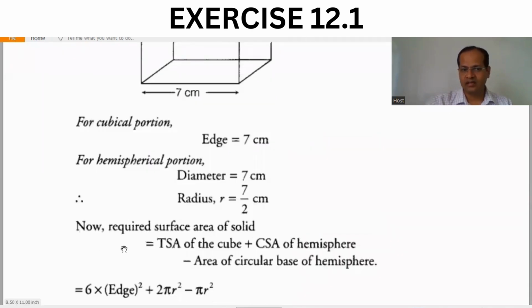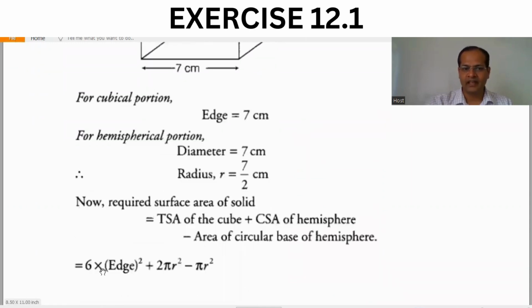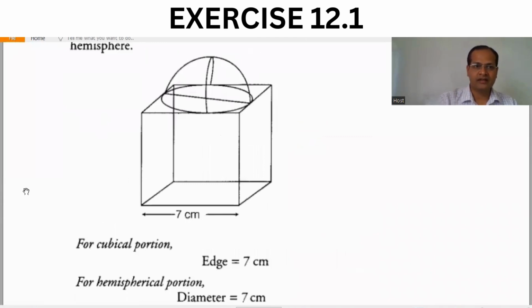Now the total required surface area of the solid we can find out. Total surface area of the cube, that is 6 edges are there, so 6 into edge square. Curved surface area of the hemisphere is 2 pi R square minus the area of the circular base of the hemisphere, because we can't see this portion.